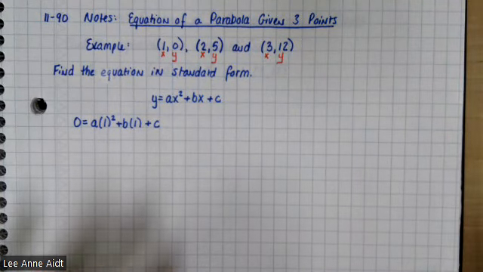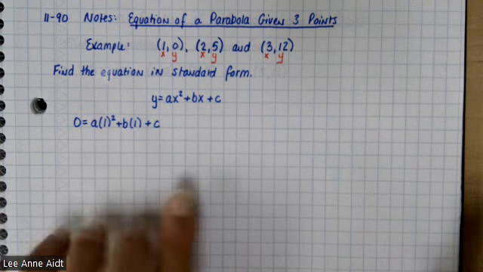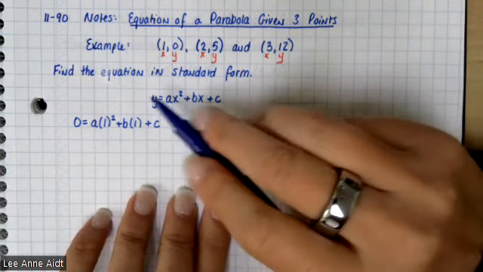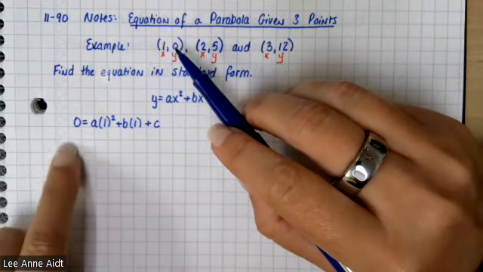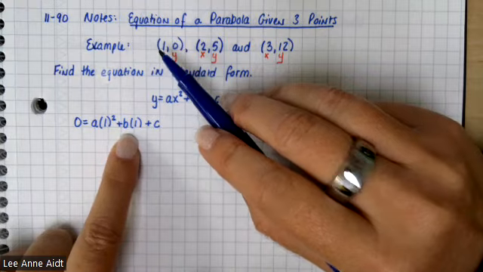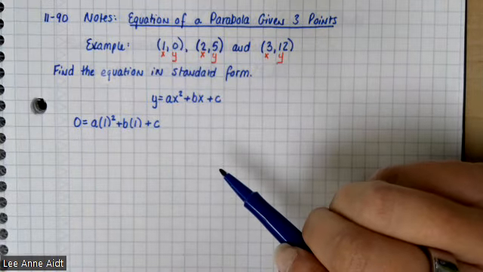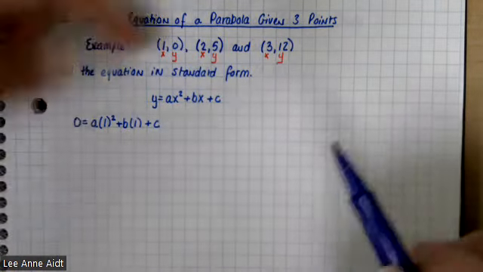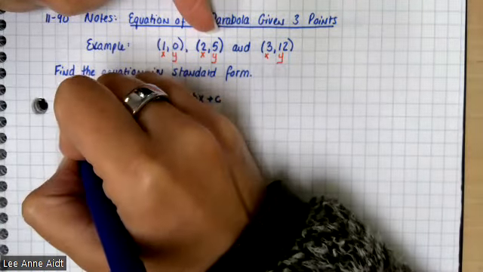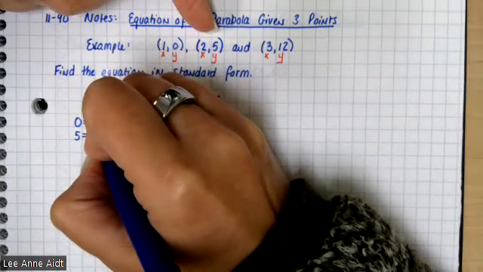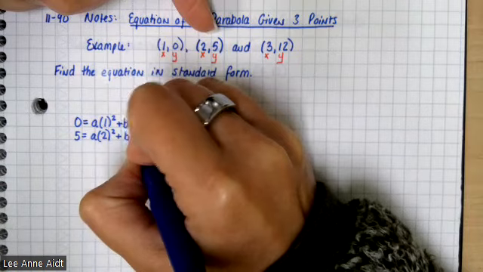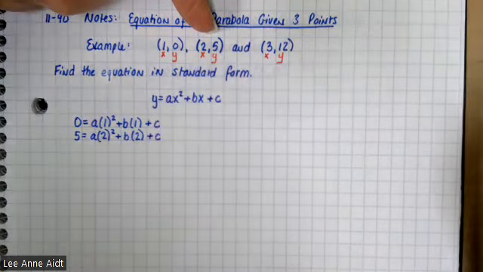Okay, let's pause. I need to make sure you understand what I just did. I took the standard form, and I put 0 in the y spot, and I put 1 in the x spot. Does that make sense? Okay, now we're going to do it with the (2, 5). 5 equals a times 2 squared plus b times 2 plus c.